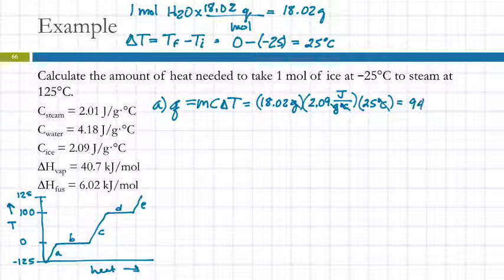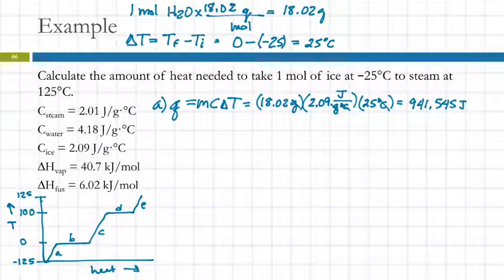So 941.545 joules. Just as a sig fig exercise, I'm going to assume that these temperatures are exact. The 0 and the 100 are. Okay, anybody else see this?